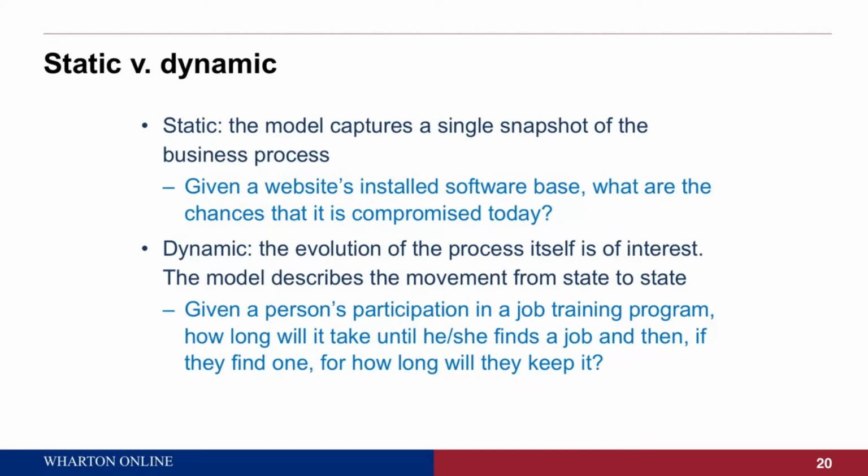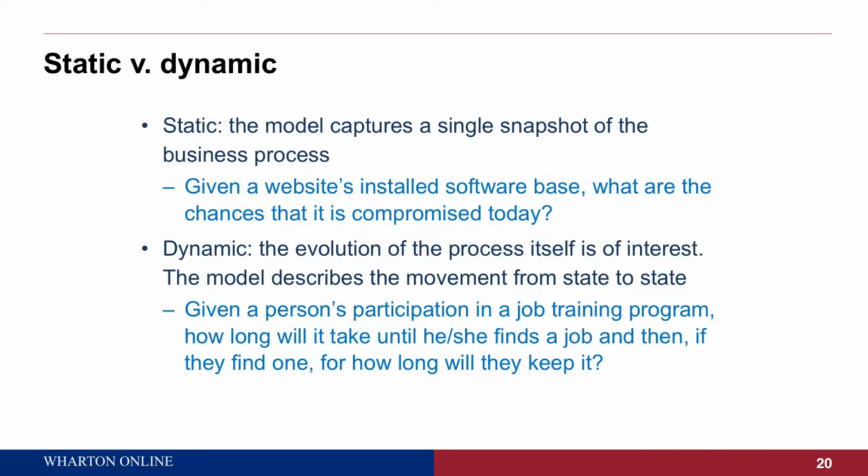By contrast, a dynamic model is much more about an evolution of a process, and it's the evolution that we are trying to understand. These dynamic models typically capture a business process moving from state to state, and we model the dynamics of those transitions.